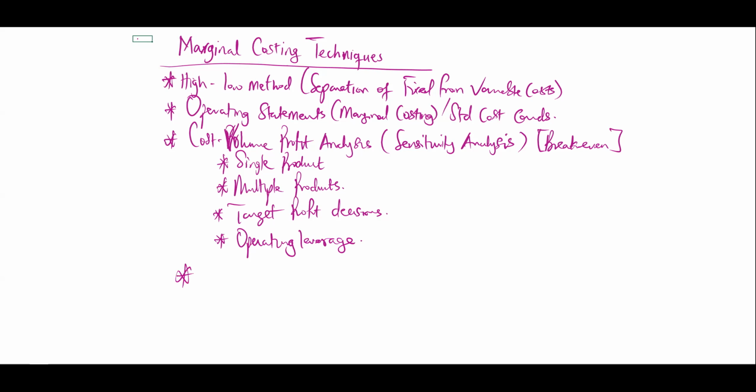Then once we are done with this, we are going to look at limiting factor decisions and then the modern approach, which is throughput accounting. So throughput accounting is a modern approach, a modern costing technique.